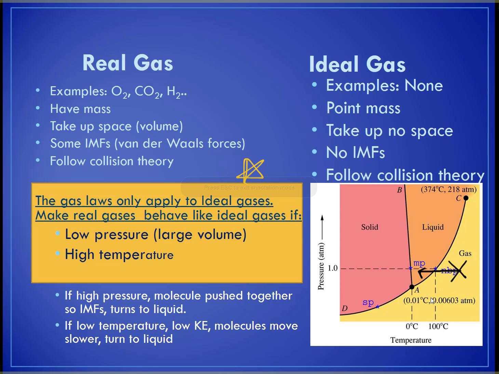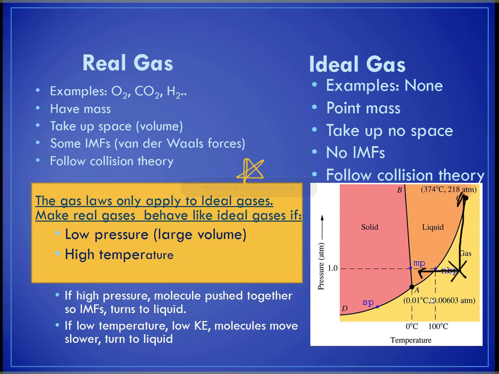So this is a phase diagram for water. So if we want water vapor to behave as a gas, we want to make sure that at standard pressure, we're going to be above 100 degrees. So temperature is going to help it keep in that gaseous phase. We also can look at pressure. So if I increase my pressure, so I go up, up, up, eventually I will cross that liquid-gas line.